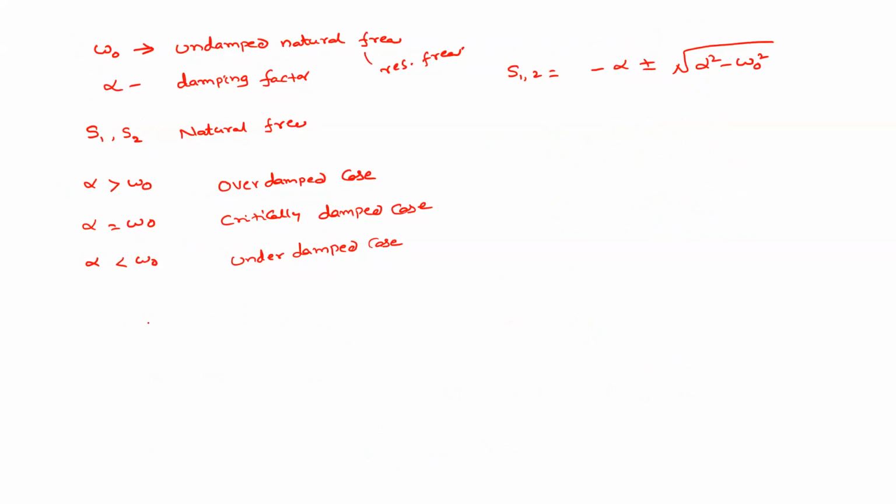Usually we define zeta equal to alpha by omega naught, which is known as the damping ratio. So this is zeta greater than 1, this is zeta equal to 1, and this is zeta less than 1.